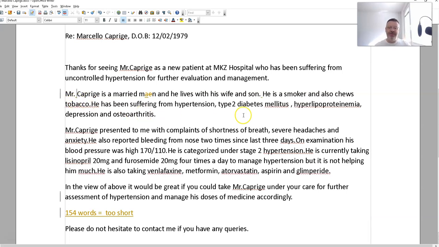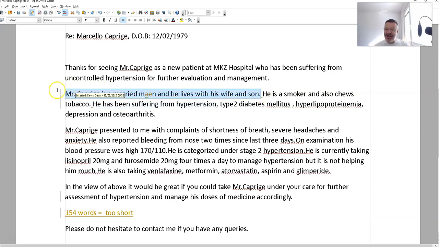But is that the most important information? So, the most important information for me is this: hypertension. Right? This, I don't need this at all. Not really. The smoker, chewing tobacco, that needs to be farther down.